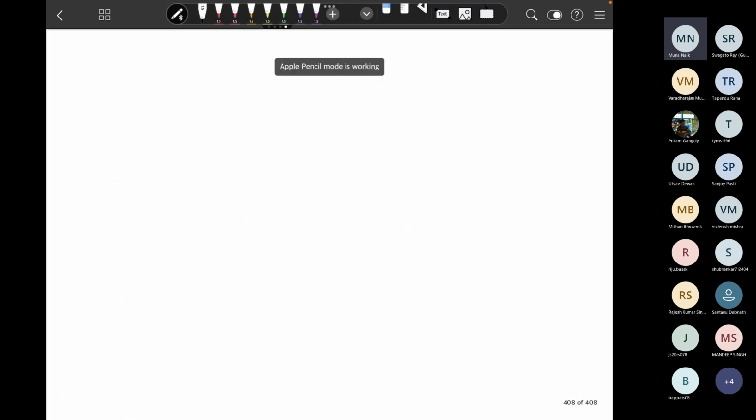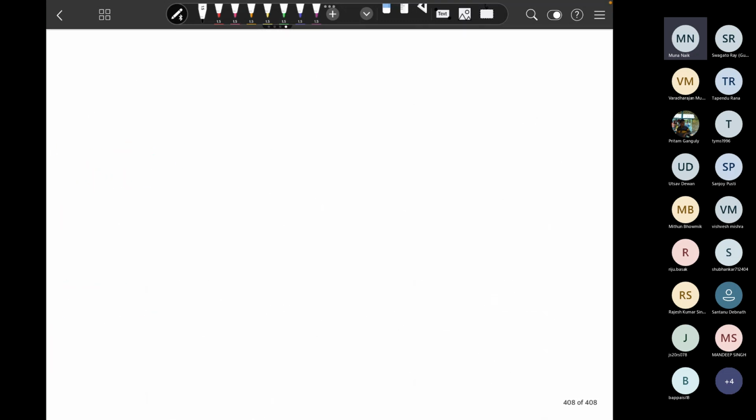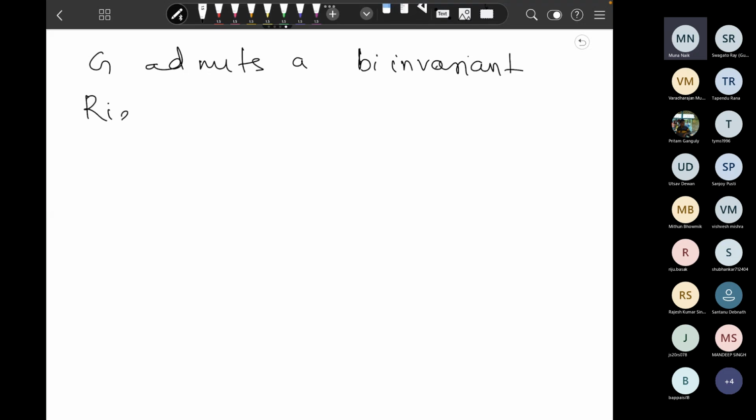Oh, I left some gap here. Okay, by the previous proposition, G admits a bi-invariant Riemannian metric, Riemannian structure on it.